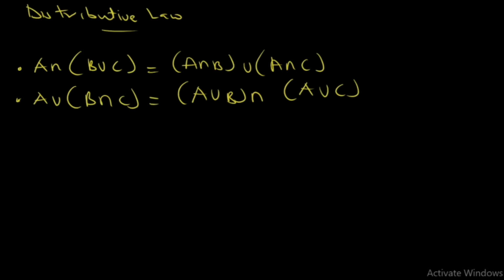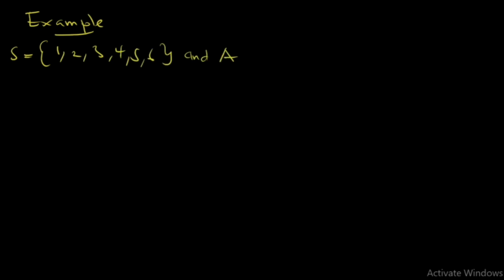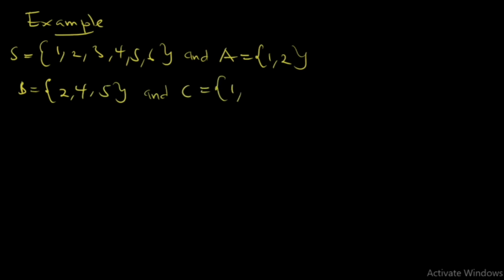Let's take an example. If the universal set is given by X equals 1, 2, 3, 4, 5, 6, and A is given by 1, 2, B is given by 2, 4, 5, and C is given by 1, 5, 6, these are three sets.